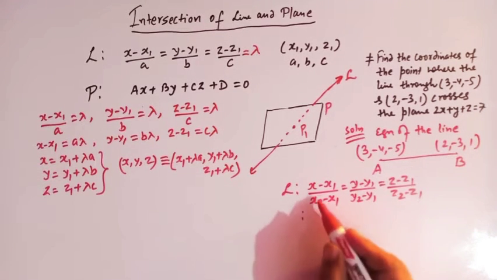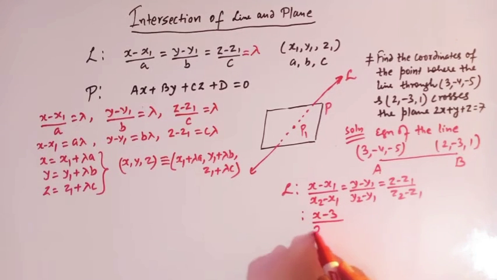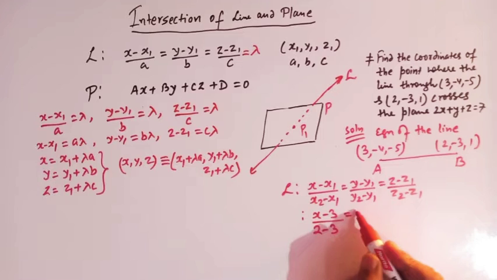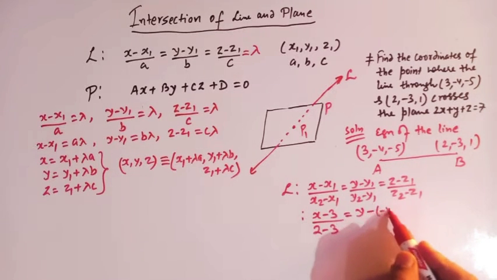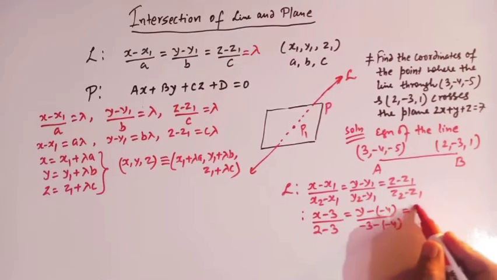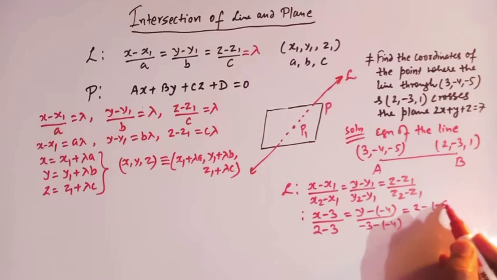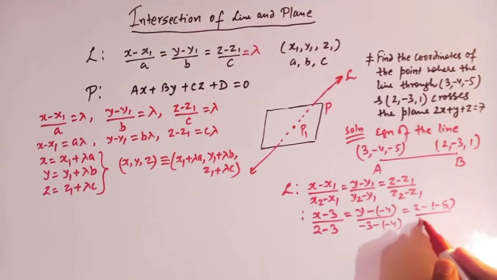So the equation is (x minus 3) divided by (2 minus 3), then (y minus minus 4) divided by (minus 3 minus minus 4), and (z minus minus 5) divided by (1 minus minus 5), right?